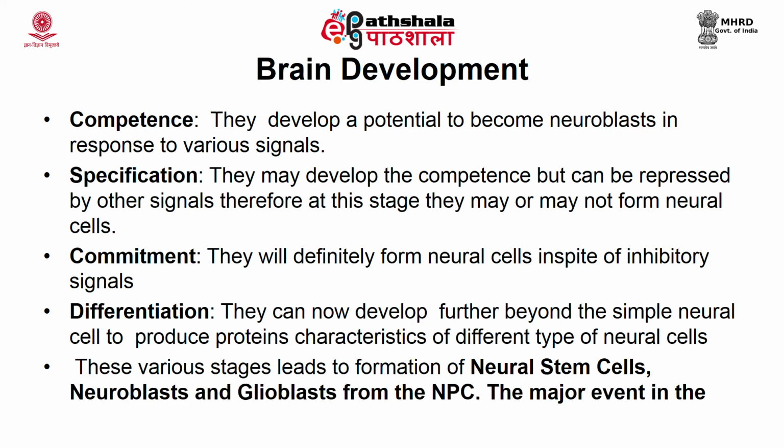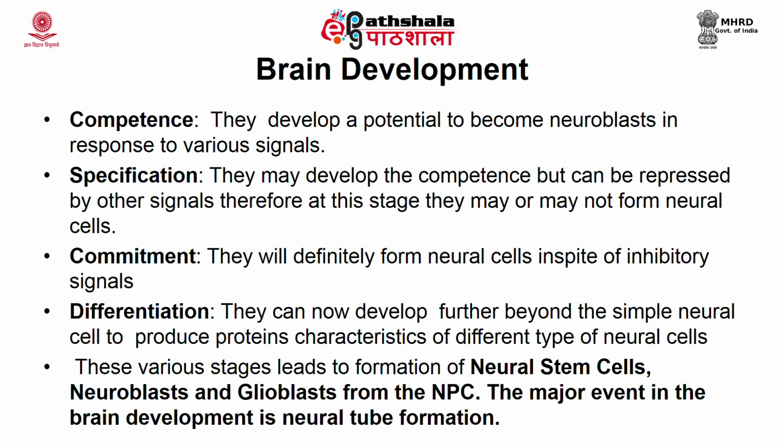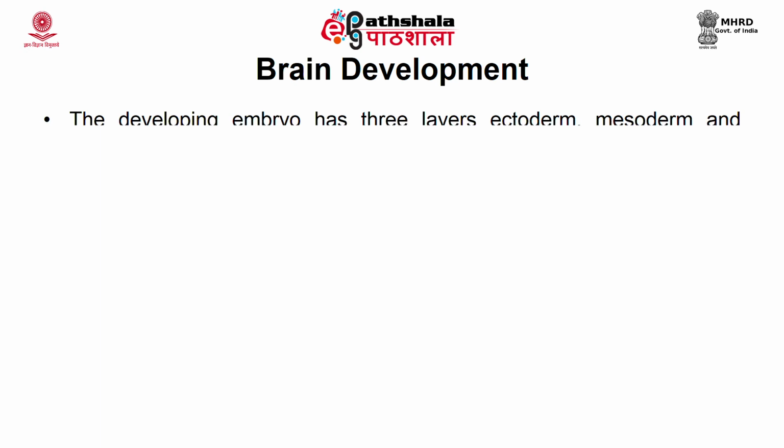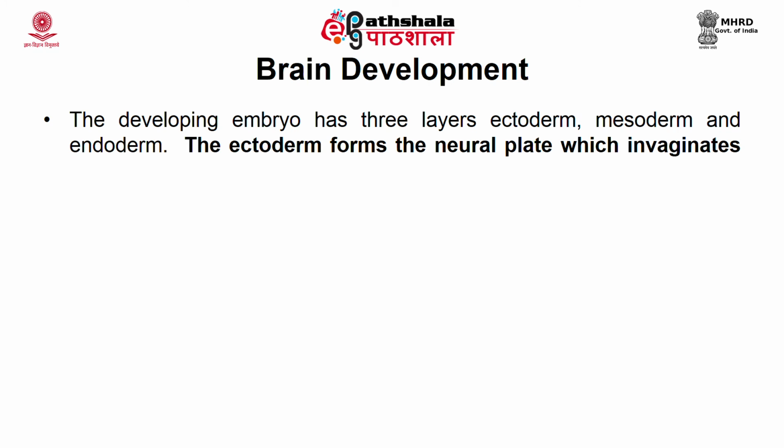So, the major event in the brain development is the neural tube formation. What we see is that the embryo has basically 3 layers, the ectoderm, mesoderm and the endoderm. The ectoderm forms the neural plate which invaginates to form the neural tube.